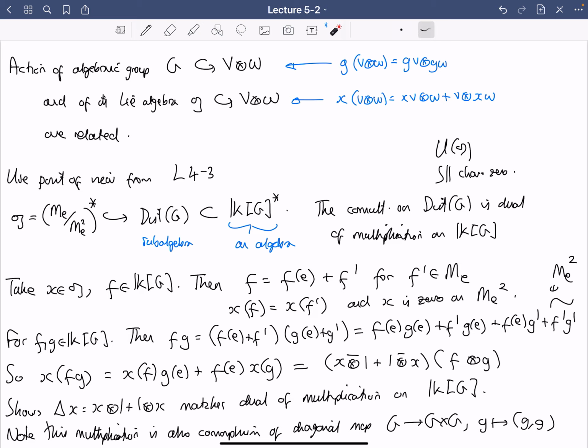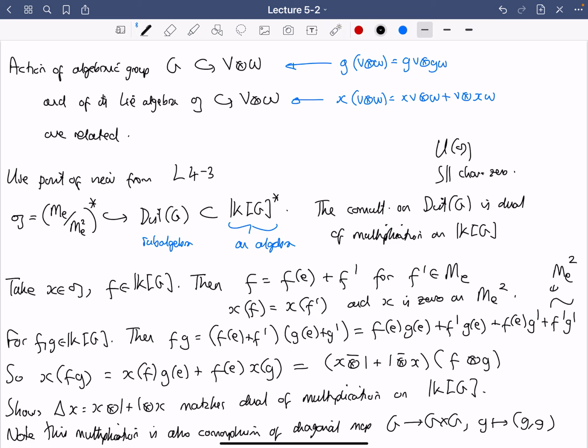And that's, of course, the map that you're seeing here in looking at the group acting on a tensor product. So both the group multiplication and the Lie algebra multiplication come as duals of the commutative multiplication on the coordinate algebra. And that's exactly as it should be.